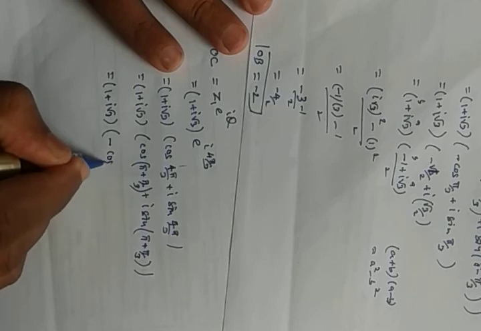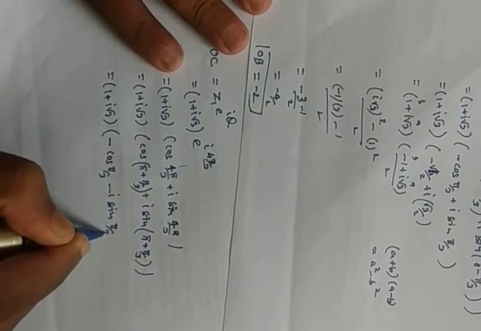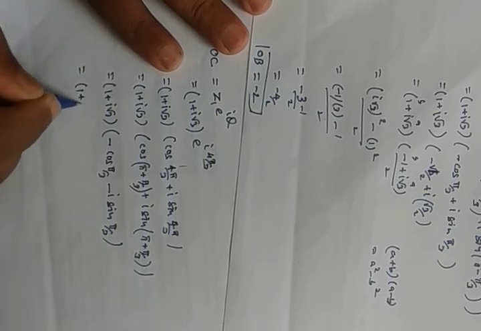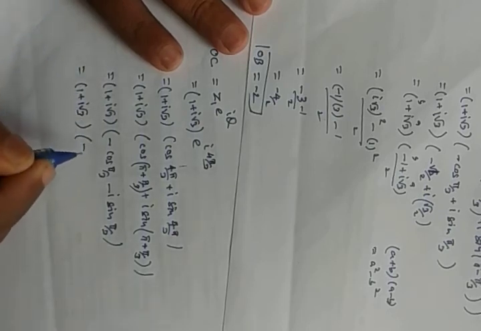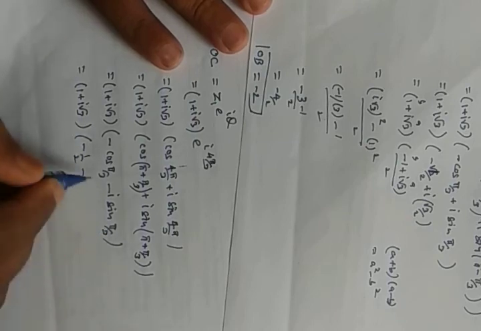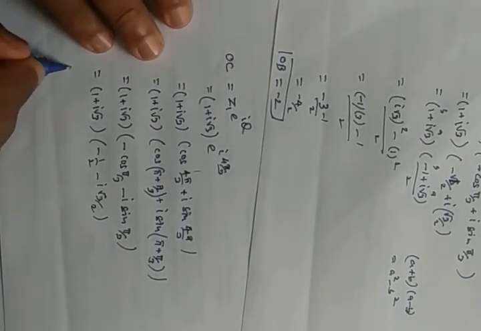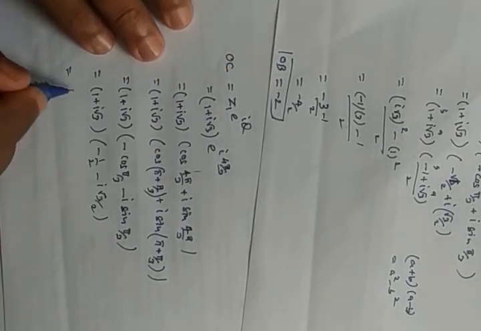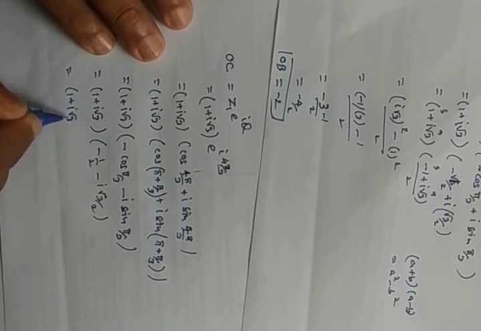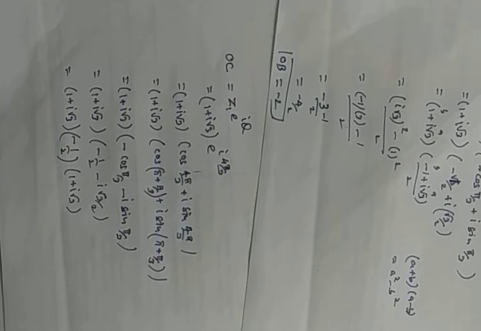So minus cos pi by 3 minus i sin pi by 3 will come. Now this is 1 plus i root 3 times minus cos pi by 3, 60 degree, half, and sin pi by 3, 60 degree, root 3 by 2. Now you can take this minus commonly outside. So 1 plus i root 3 times minus 1 divided by 2, because the common factor 1 plus i root 3 is there.